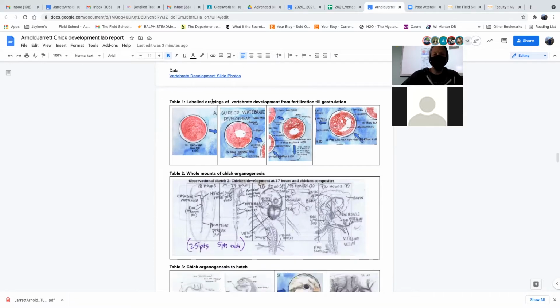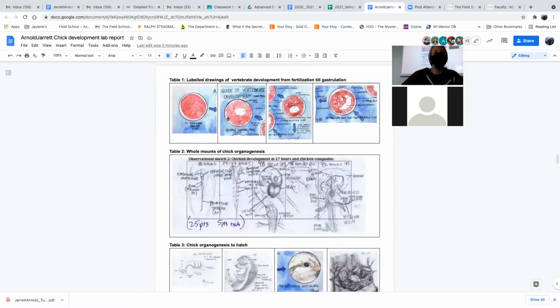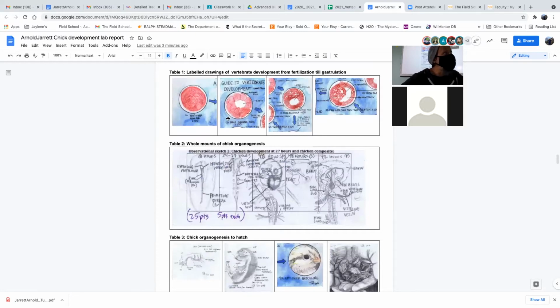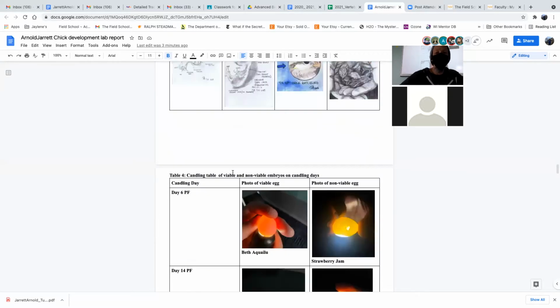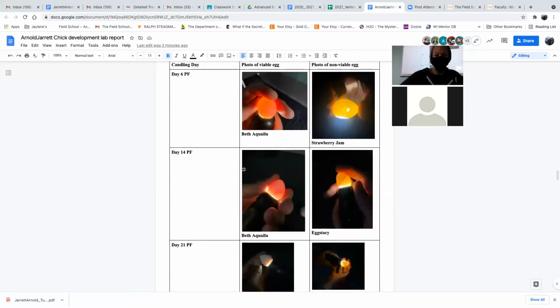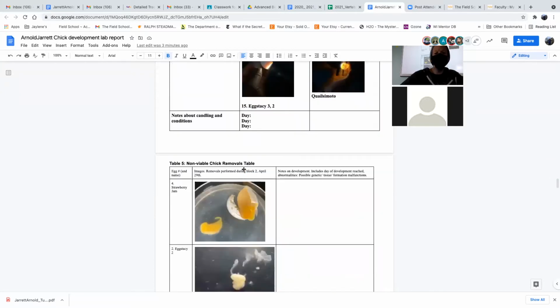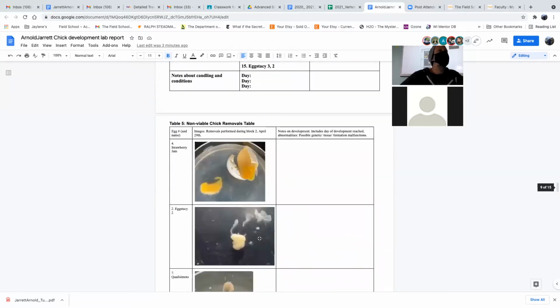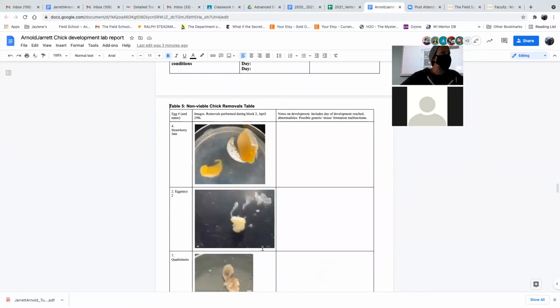So these are my labeled drawings of slides. I am going to cite these in the conclusion of the lab report when I talk about stages of development that the failures didn't make it to. I'm also going to cite these three tables when I talk about stages of development that the removals made it to or didn't make it to.